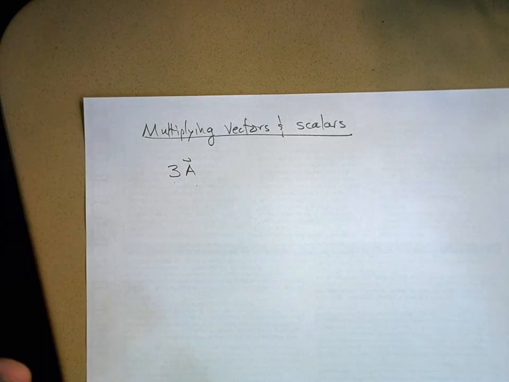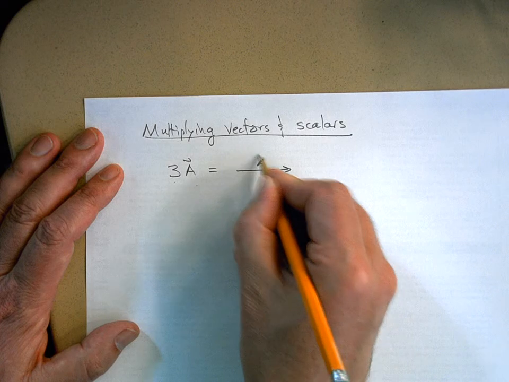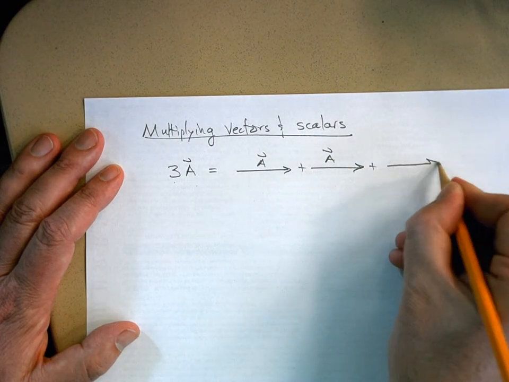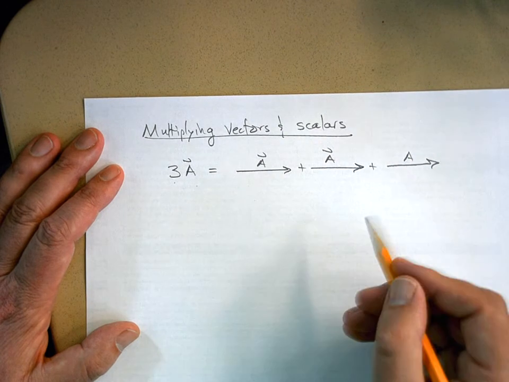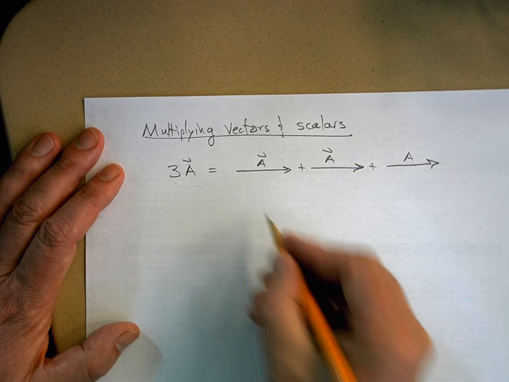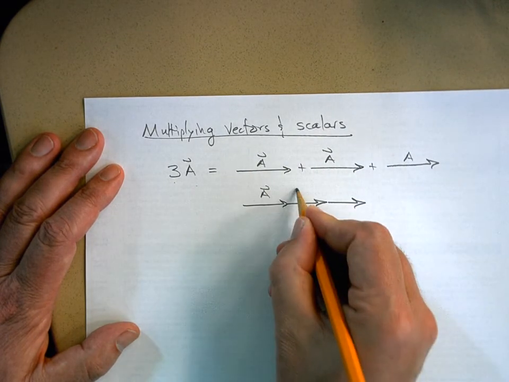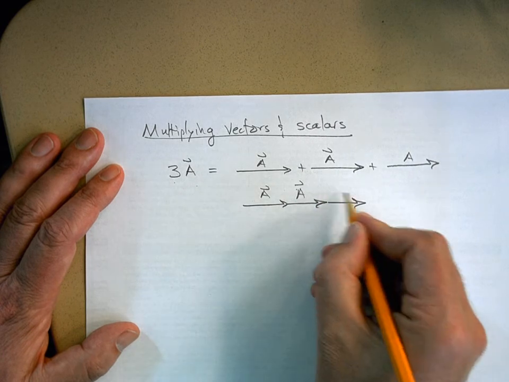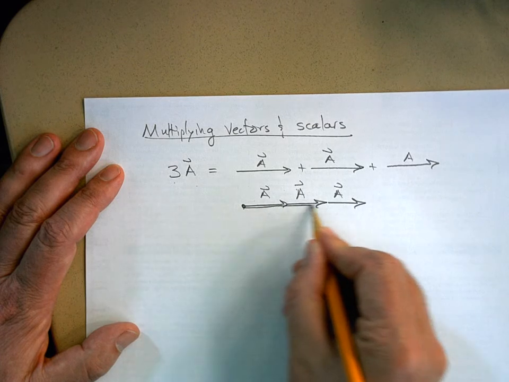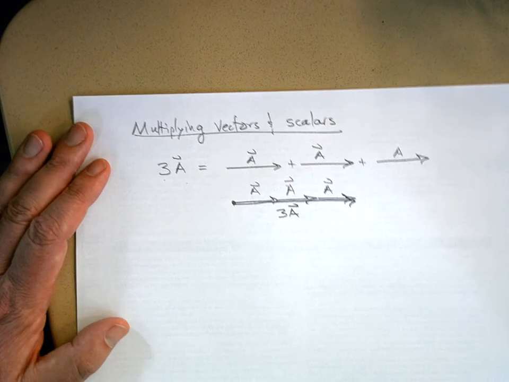It doesn't change the direction of anything. What does this equal? A plus A plus A. So all you have to do is hook up A head to tail with itself 3 times. A plus A plus A. And the result of doing that, from here all the way over here, that's 3A. Couldn't be easier.